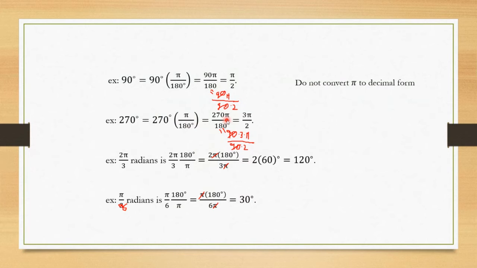It's gone. 270 pi over 180. I can reduce this because 270 turns out to be 90 times 3, and 180 is 90 times 2. So the 90s cancel, and we get 3 pi over 2.